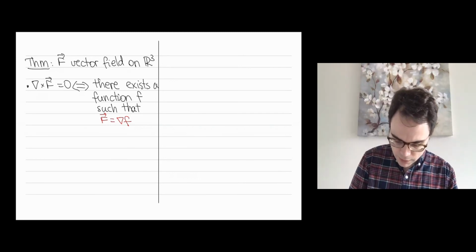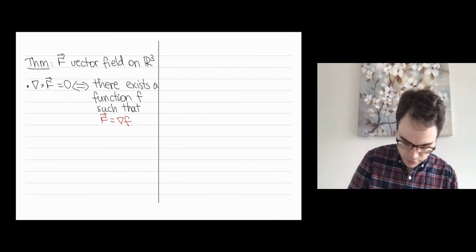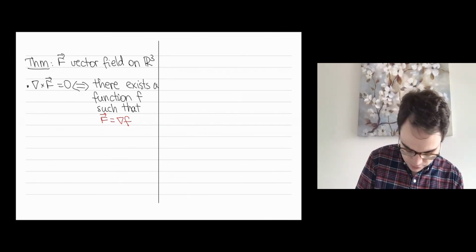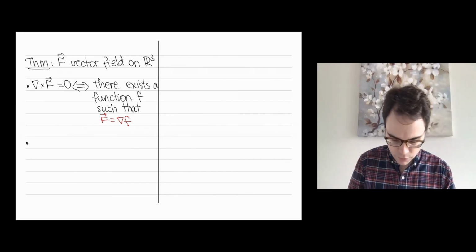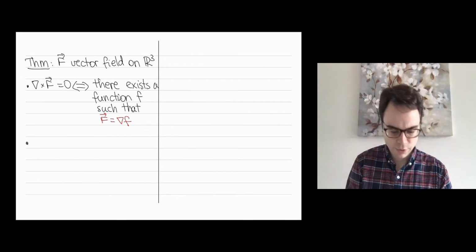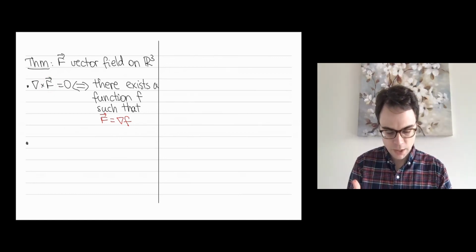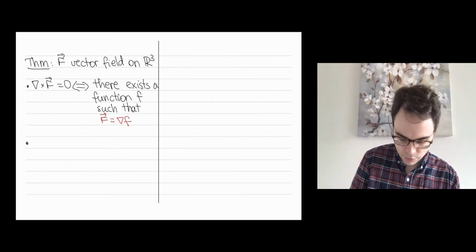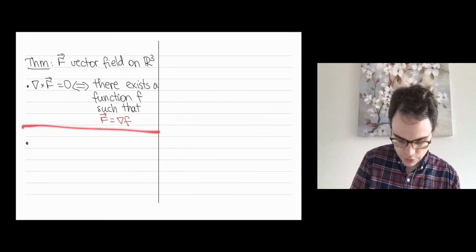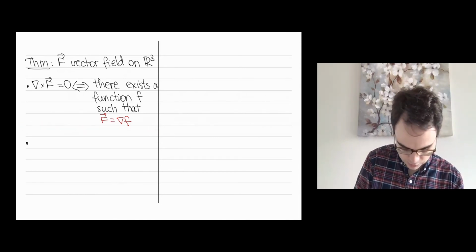The reason I put it here is because I want to state the other result. That other result is telling you what happens. We have two derivatives of vector fields, the curl and the divergence. Here we understand what happens when the curl is 0. Let me tell you what happens when the divergence is 0.